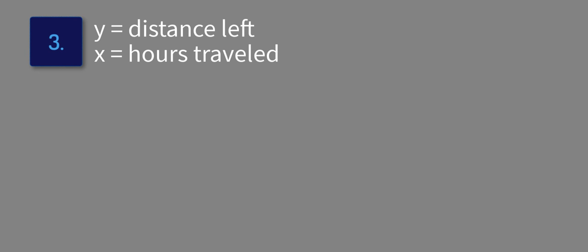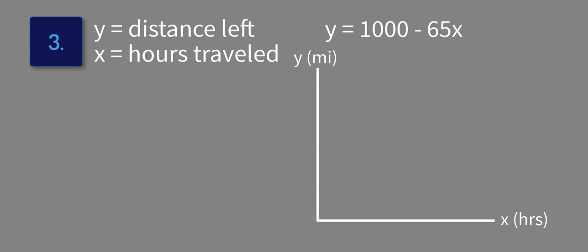And we're asked to first graph the equation. Let's go ahead and graph this down here. Distance is never going to be negative. Hours traveled is never going to be negative. So there's really no point in graphing the negative parts of the coordinate plane.